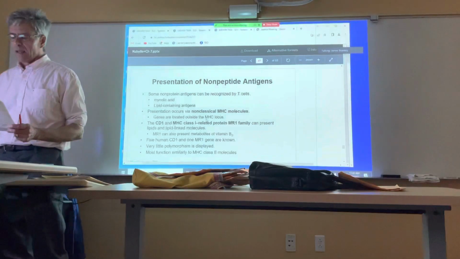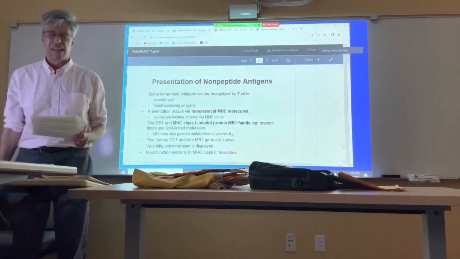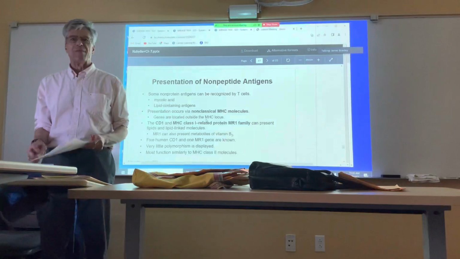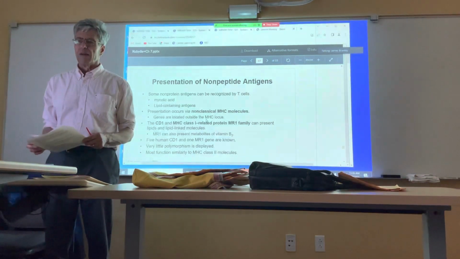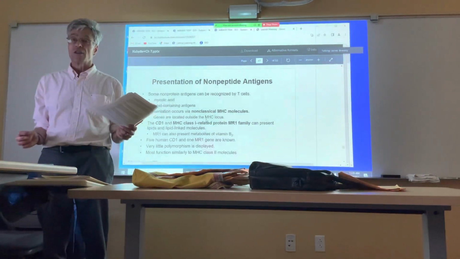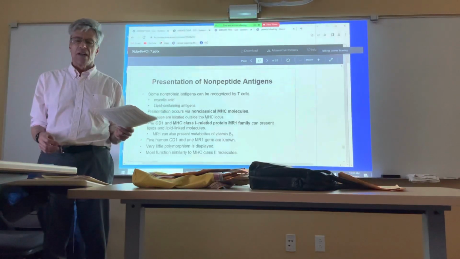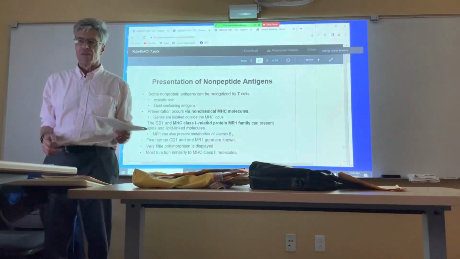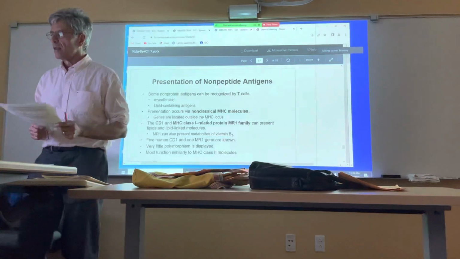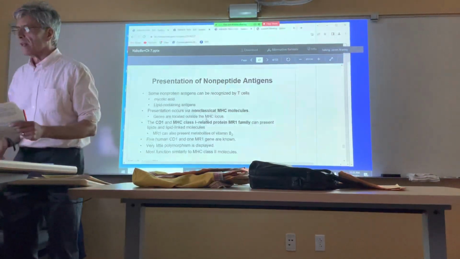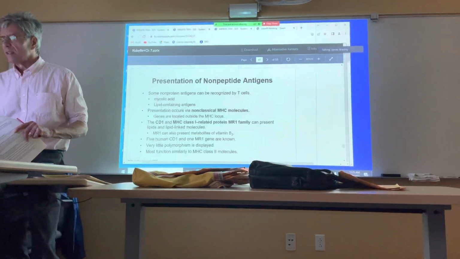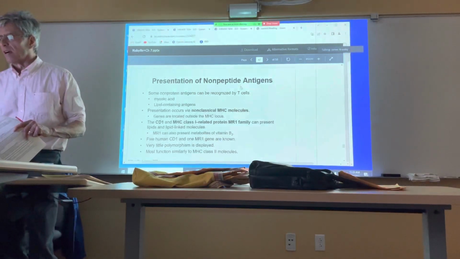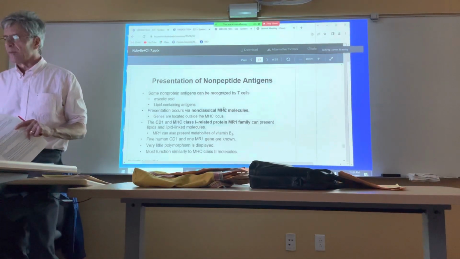They present non-protein antigens like mycolic acid. Mycolic acid, remember from micro, is a really, really long chain, very hydrophobic acid from Mycobacterium, the tuberculosis organism. And some other lipids. So these genes are non-classical, they're not in the MHC locus.